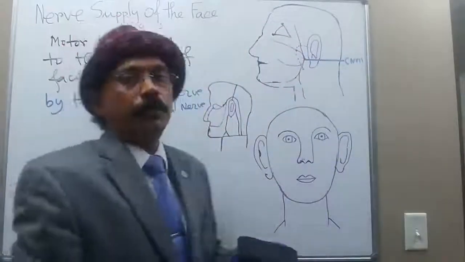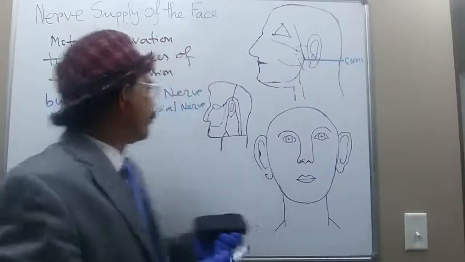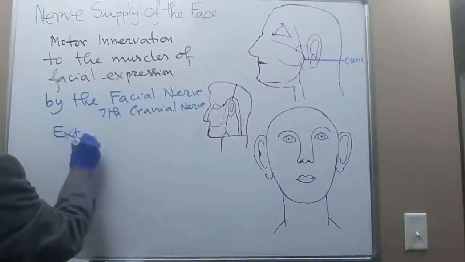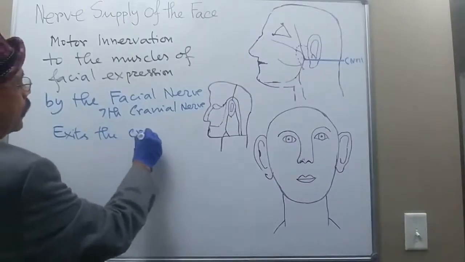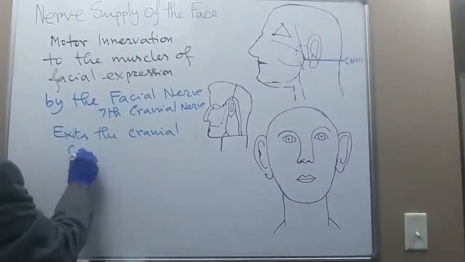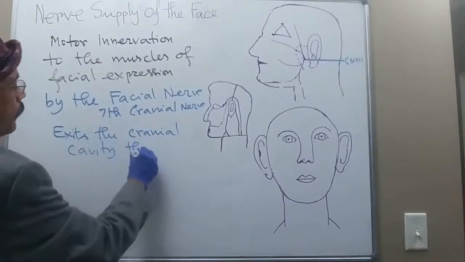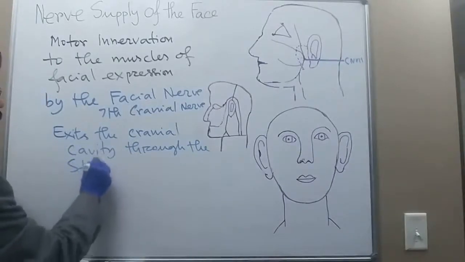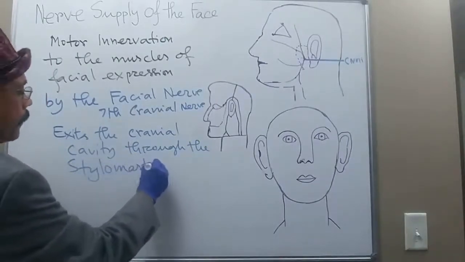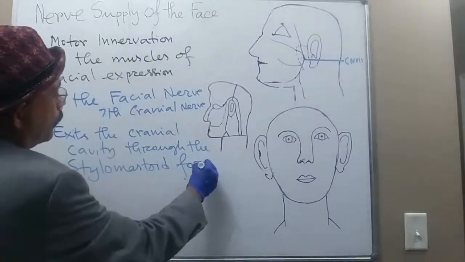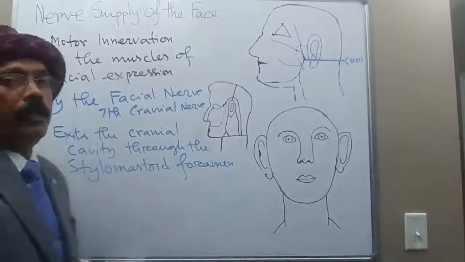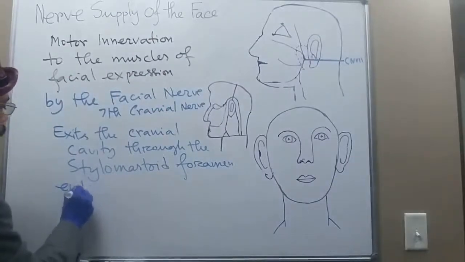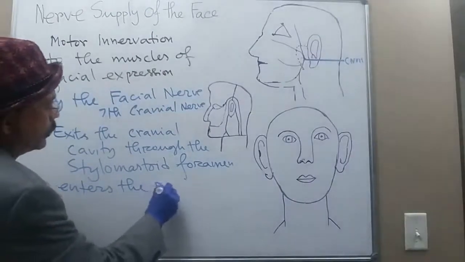It comes out of the cranial cavity through the stylomastoid foramen, and it enters the parotid gland through its posterior aspect.